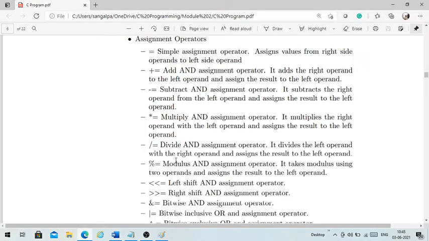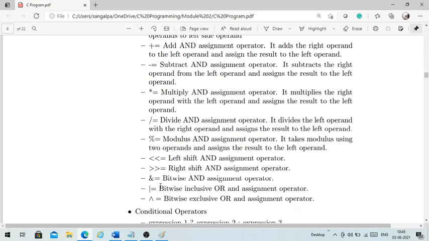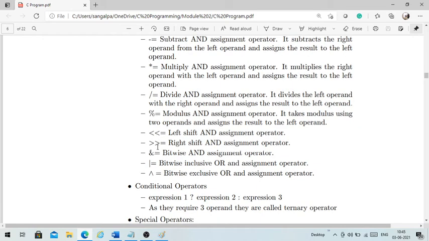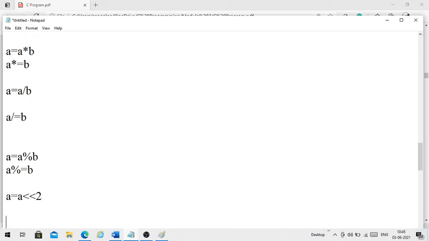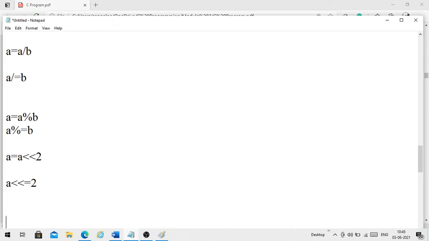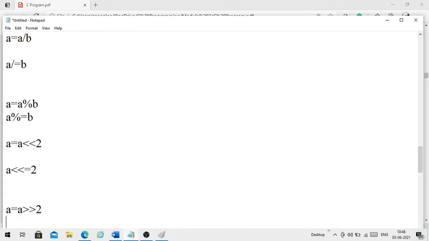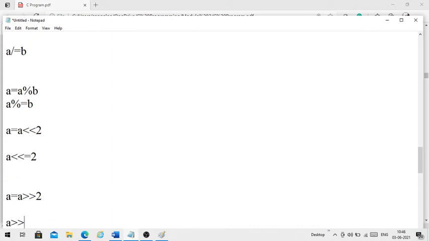Similarly, we can use shift operators, left shift and right shift, here also. Instead of writing A equal to A left shift 2, I can write like this, A left shift equal to 2. Both are same. Similarly, right shift, A equal to A right shift 2, can be written as A right shift equal to 2.